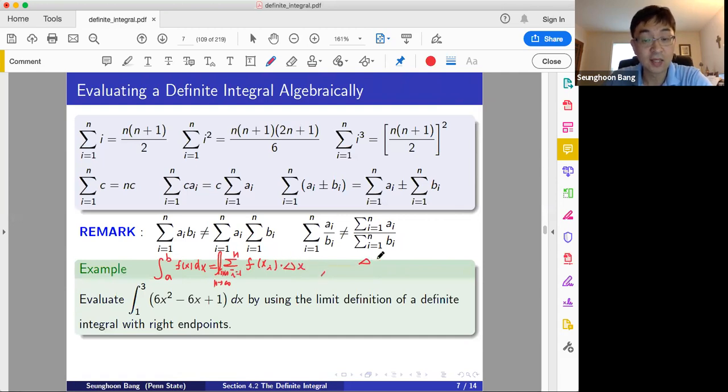What is delta x? Delta x is (b minus a) over n. And x_i is a plus i times delta x. This is the whole idea. So how can you find the answer of this definite integral? We can use the limit definition, right?